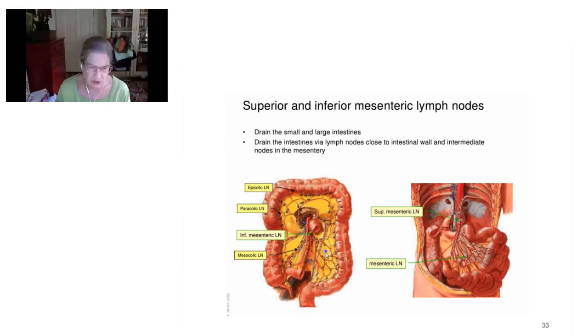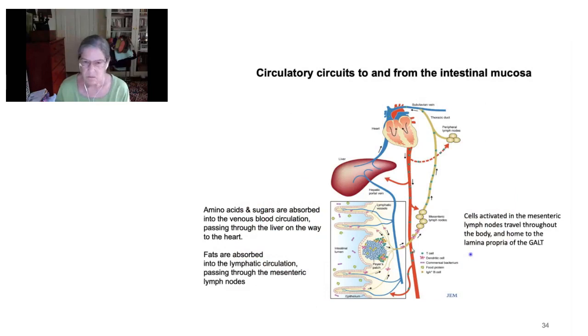So I just want you to appreciate the very cool lymphatic drainage that's happening in different parts of the intestinal system.